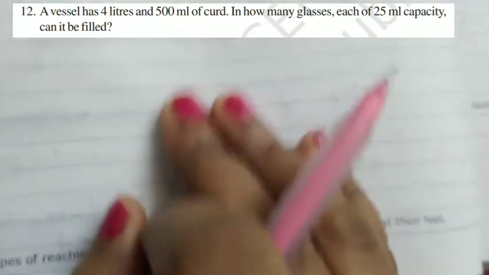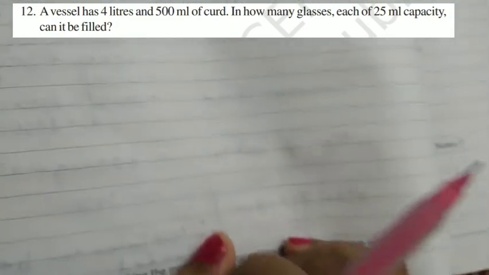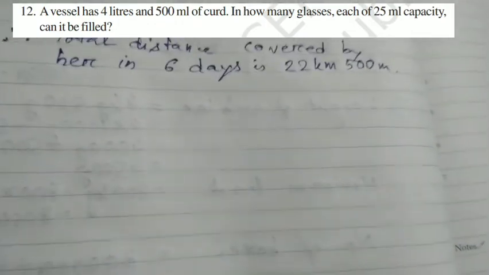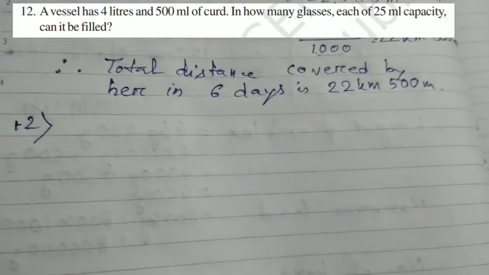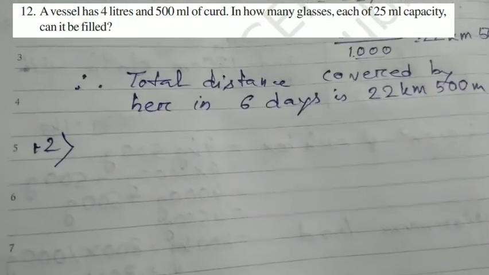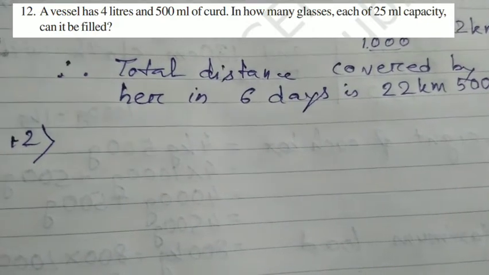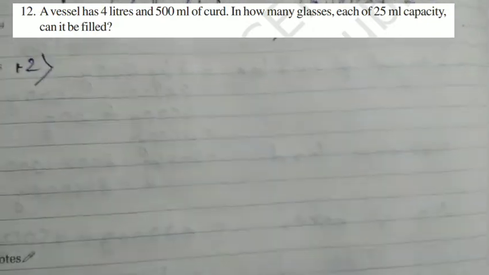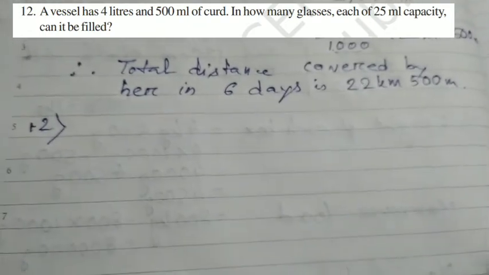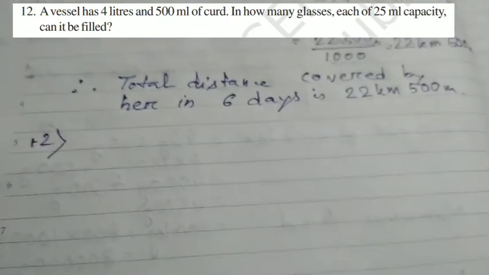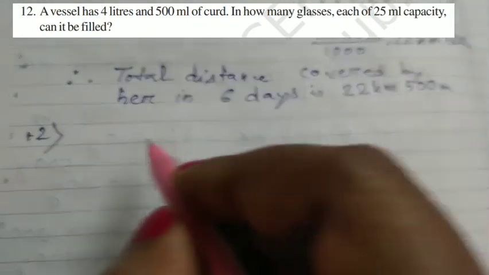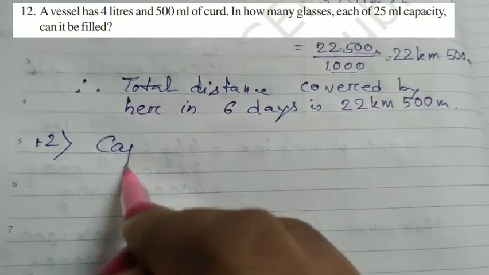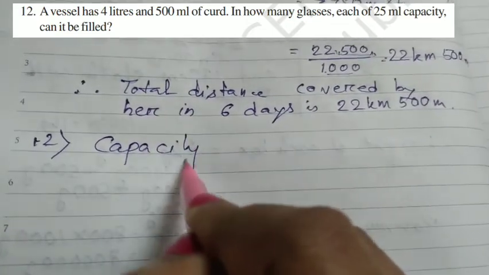Okay, so this is the last question, and it states a vessel has 4 liters and 500 ml of curd. In how many glasses each of 25 ml capacity can it be filled? So now first I have a vessel has 4 liters. So capacity of the vessel. Capacity means how much can it contain.